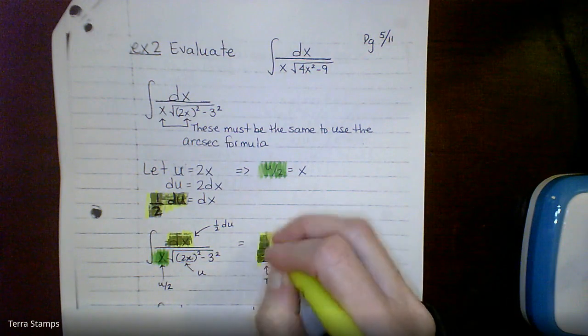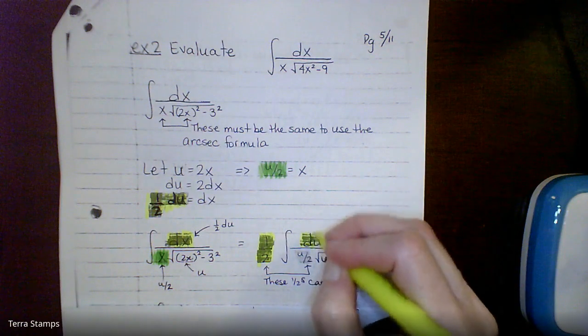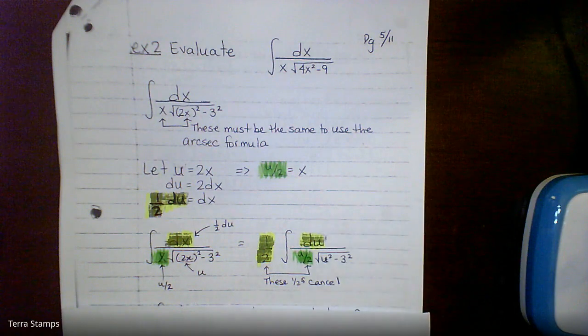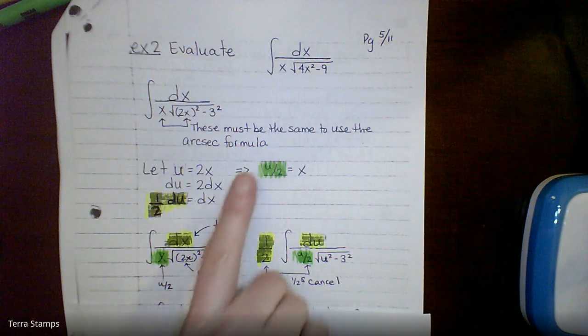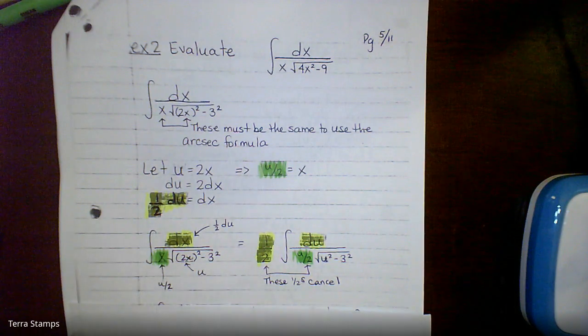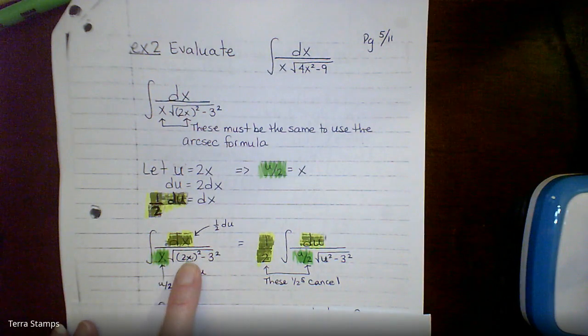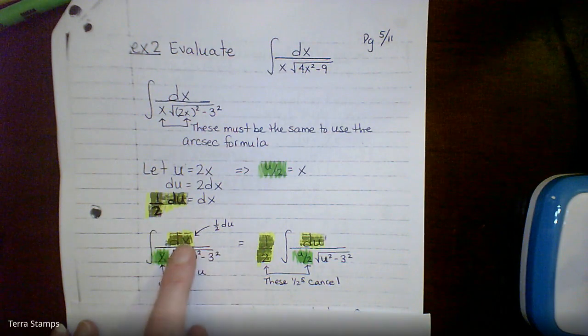So I get this 1/2 out here. There's that du. I've got this u over 2 right there. And then, of course, I've got my normal u substitution happening. So a lot of substitution is happening here. Replacing the 2x with u. Dx, I'm replacing with 1/2 du.